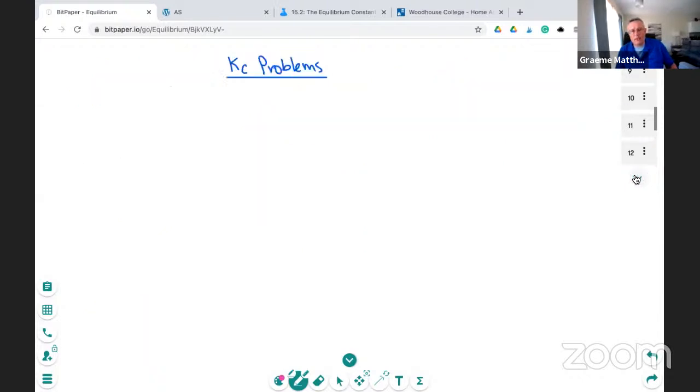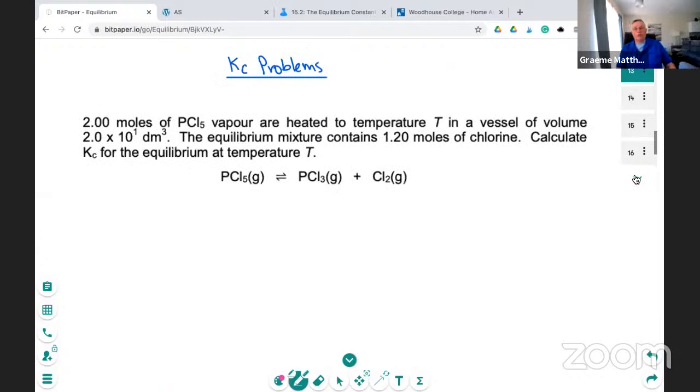Let's then have a look at some actual problems. All right, so here we are then. Let's take a look. You've got 2 moles of PCl5 vapor heated at temperature T. They've got to tell you it's constant temperature, because Kc is only for a given temperature.